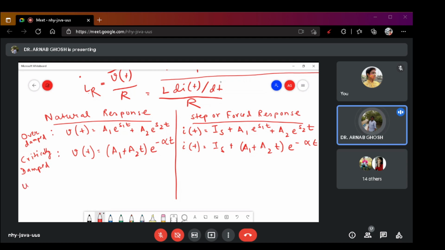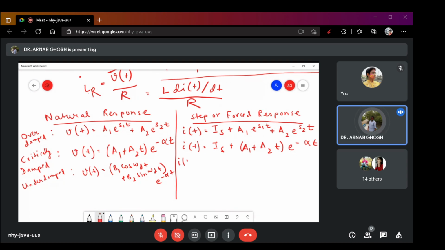And for the underdamped condition, Vt is equal to B1 cos omega dt plus B2 sin omega dt multiplied by e to the power minus alpha t.